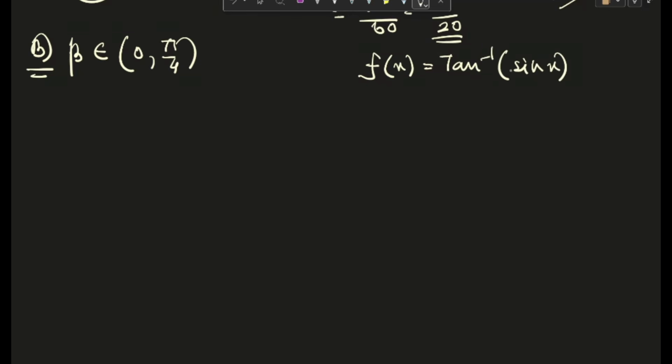Now, if you try to observe the curvature of this particular curve, this will be 0 when x equals 0. I'm just plotting some values. Let's take some value, say x equal to pi by 4, this will be tan inverse sin pi by 4, tan inverse 1 by root 2. Or actually what we can do is leave this.